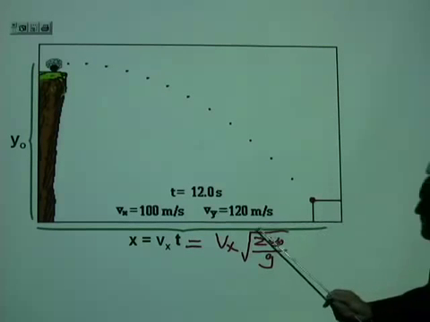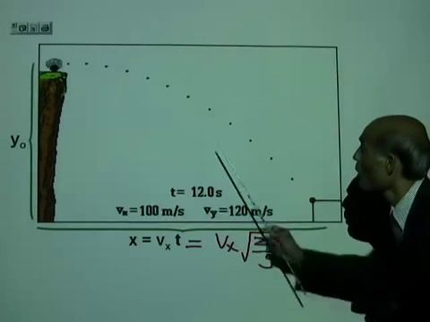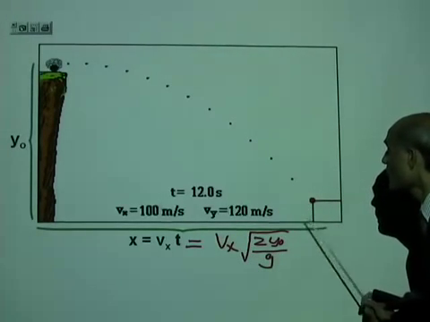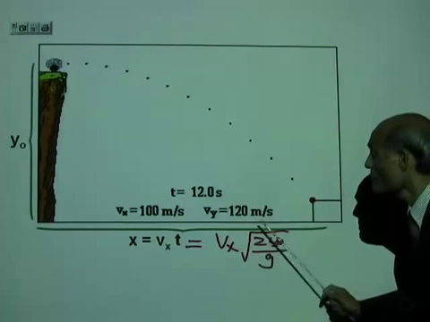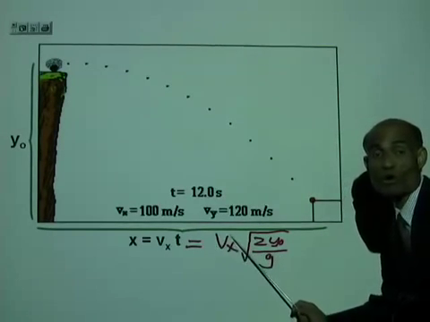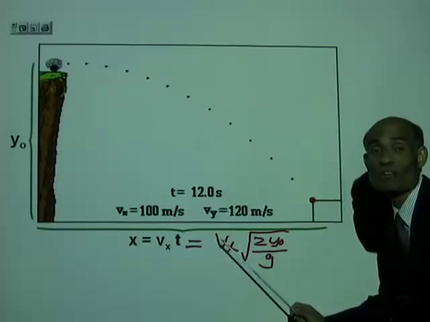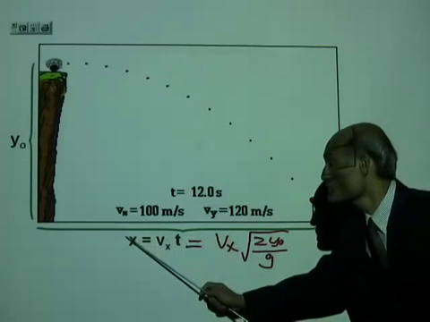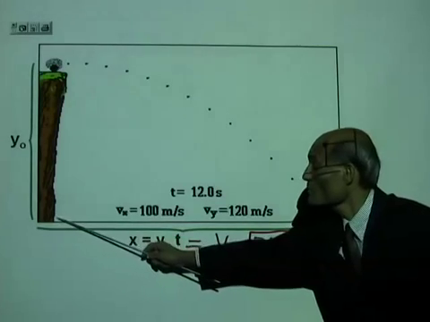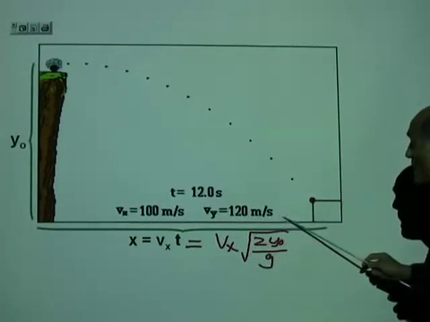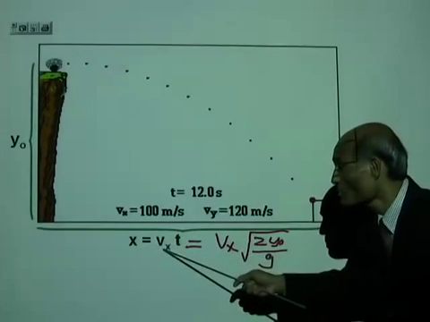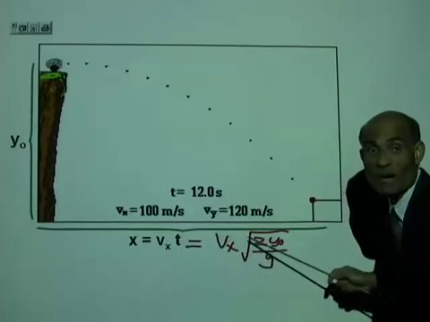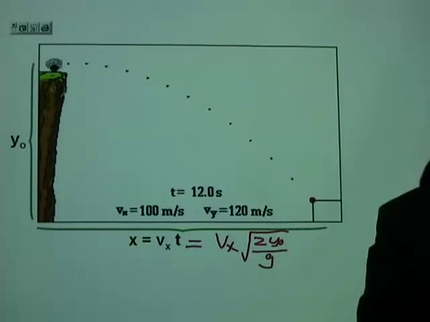This is the time taken by the ball to fall to the ground, and during that time it has been traveling horizontally with a velocity Vx. So the horizontal distance x traveled is that horizontal velocity multiplied by the time of fall.